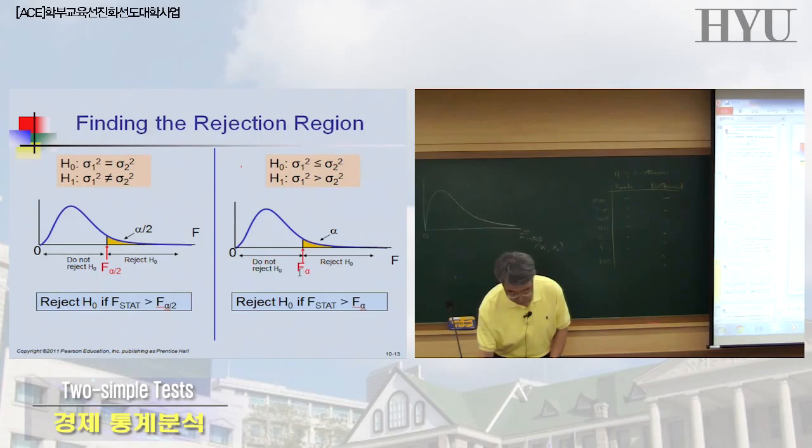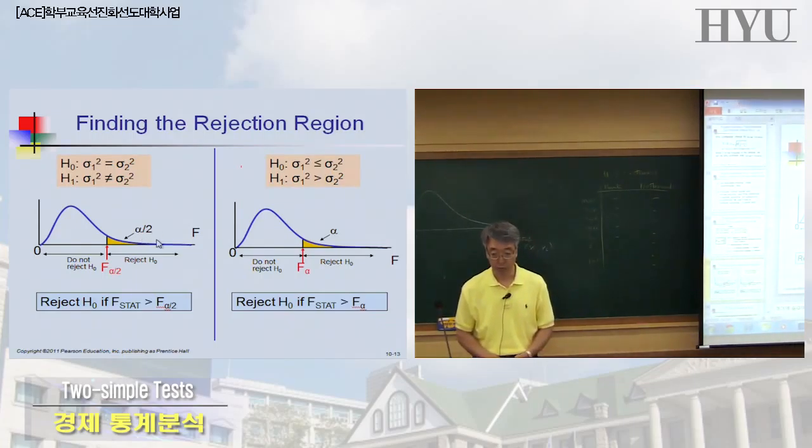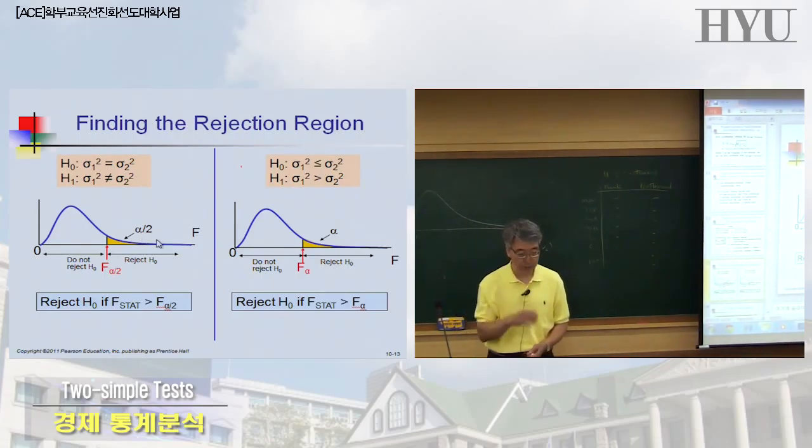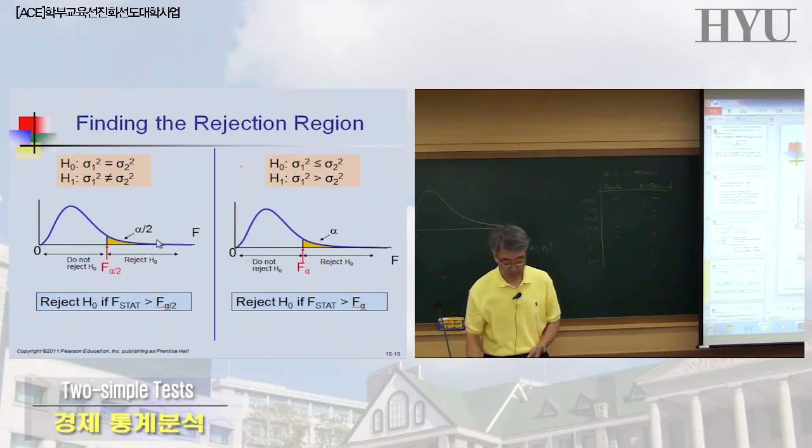If you're running a two-tail test, the only difference is you will divide the alpha level by 2. So instead of using 0.05, you would use 0.025, and you have to find the critical value, which means you have to use an entirely different table.